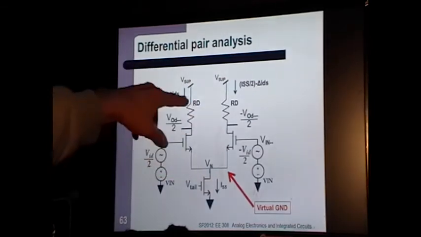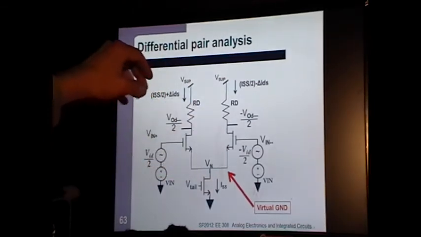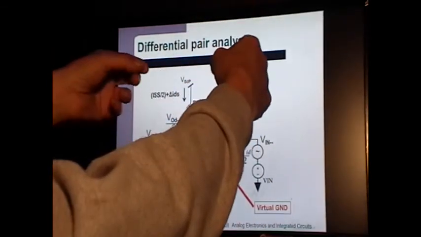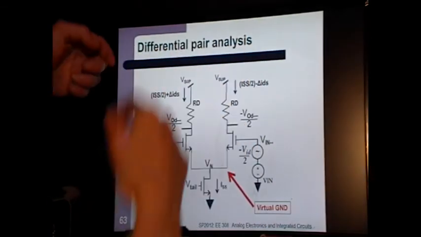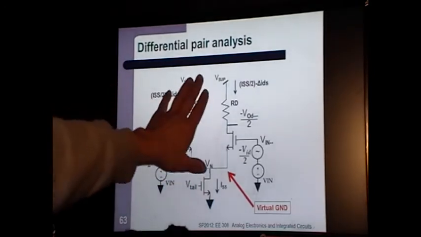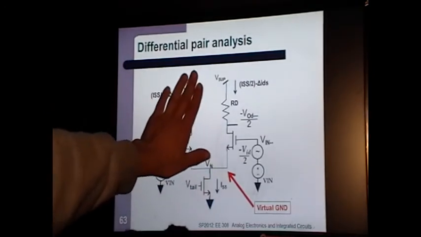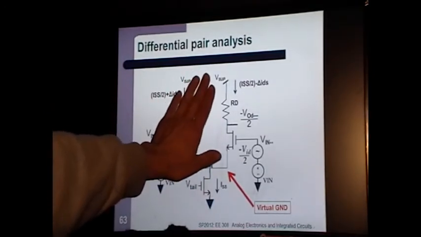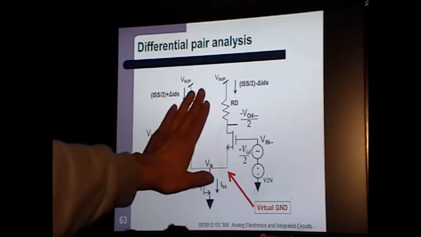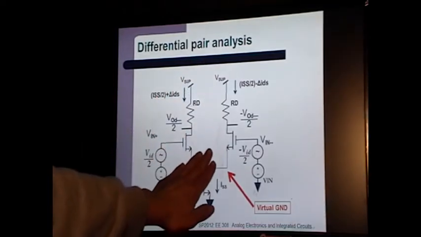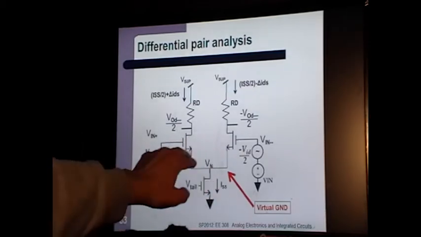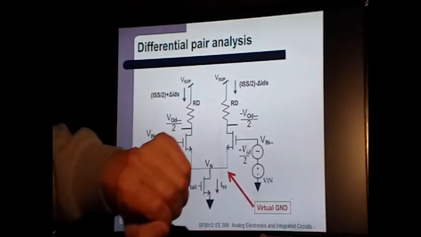And over here it changes half as much as if you give it the whole signal. But when you put them together, now you've got two halves that make a whole. So the short version of this, and we can talk about it in more detail if this is still confusing, is that if you have a balanced input, the gain is the same as a common emitter.